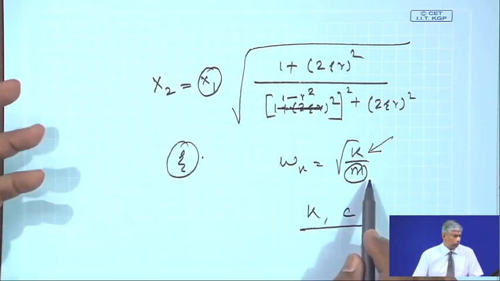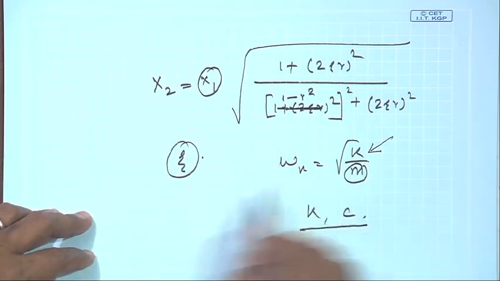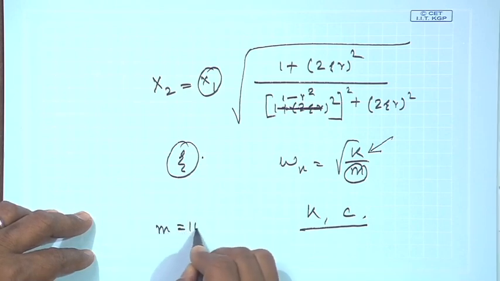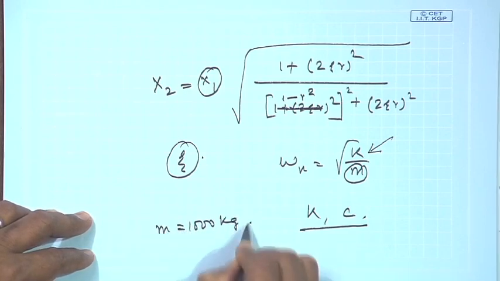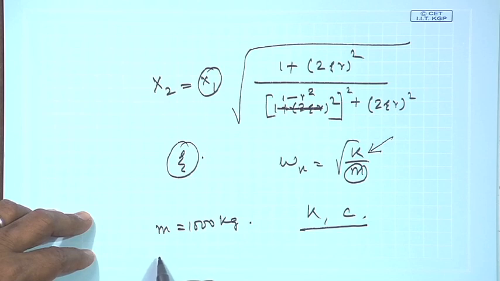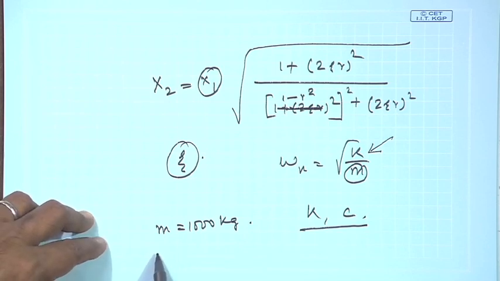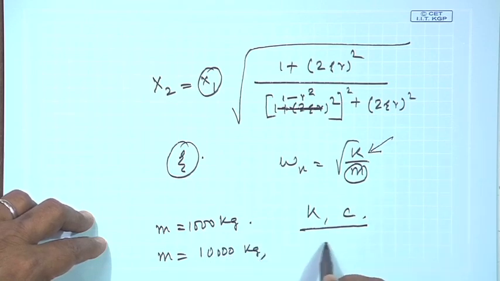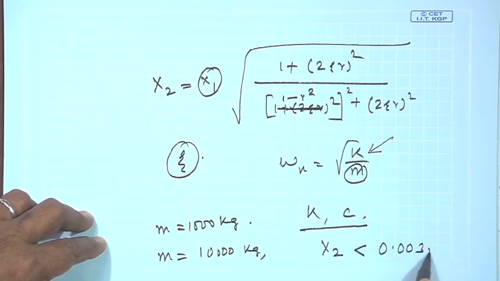As a numerical example, all of you could do this: we took m equal to 1000 kg. For the same road, if you are going on a bus, where maybe m is 10 times that, 10,000 kg, you will see that x2 will be significantly less than even 0.003 meter.